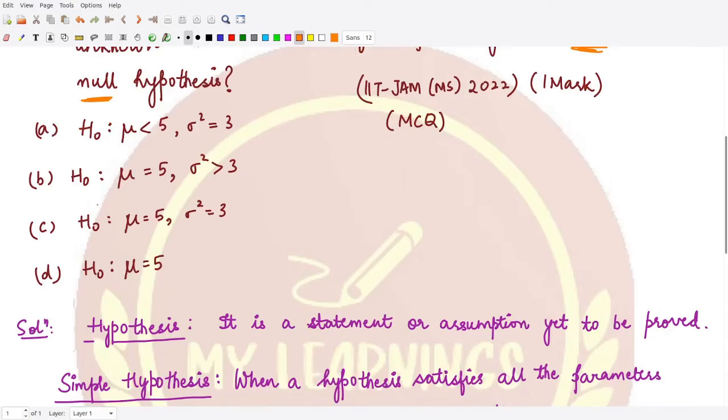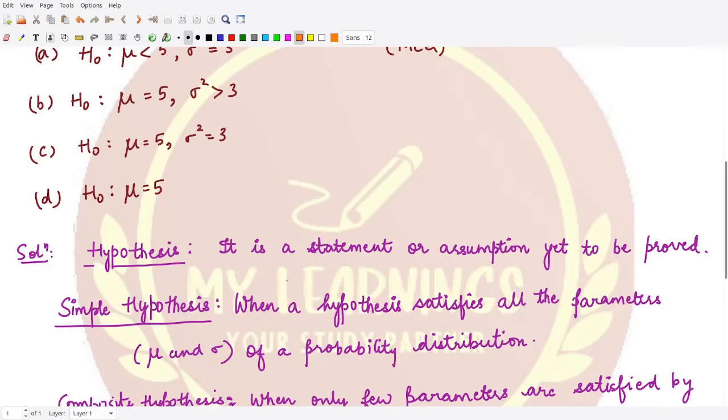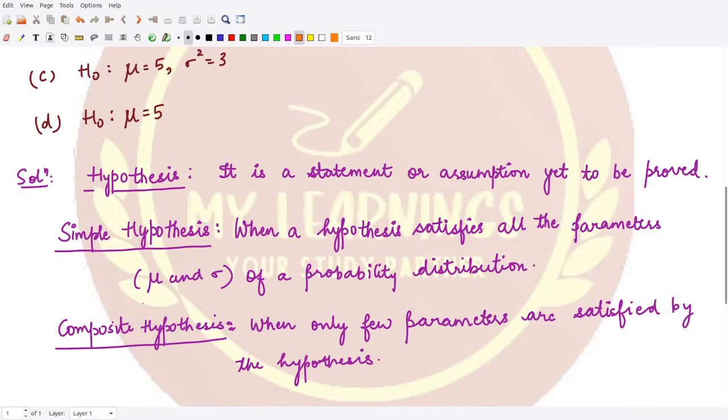We call a hypothesis a simple hypothesis whenever the hypothesis specifies all the parameters of a probability distribution. And what are the parameters of a probability distribution? They are simply the mean and the variance, right? Or the standard deviation. Because you know sigma square is your variance, and if you write sigma, that is your standard deviation, right?